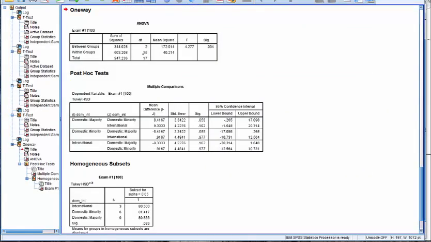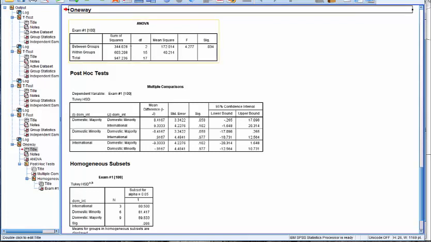Alright, now take a look at this top here. So you see under one-way ANOVA that the F value is 4.2, and you can see that between groups and within groups, the two of them total the total.